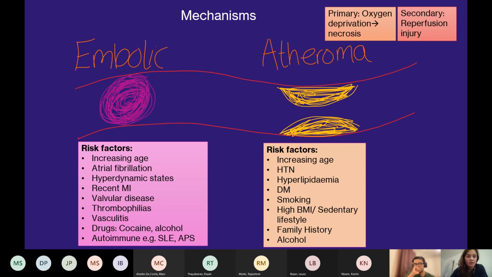Cool. So I think we can look at the mechanisms of both. In general, I like to split it into embolic causes and atheromatous causes of ischemia. So can anyone give me any risk factors for embolism?